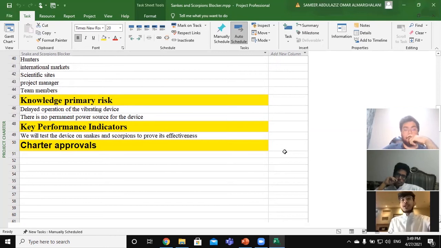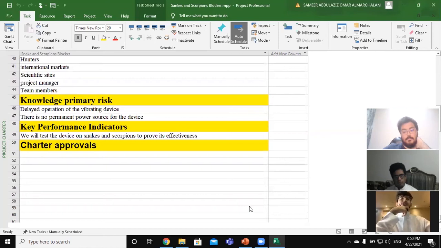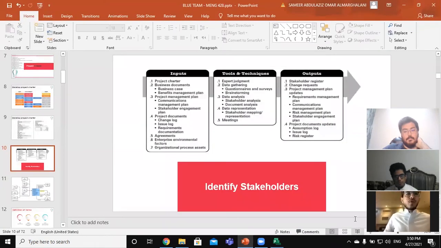And finally, the most important thing in the project charter is the charter approvals, about our manager and our coordinator, and where we get the stories from. All we need to think about is in these charter approvals. And thank you. Now we move to my friend Sameer. Thank you for listening.